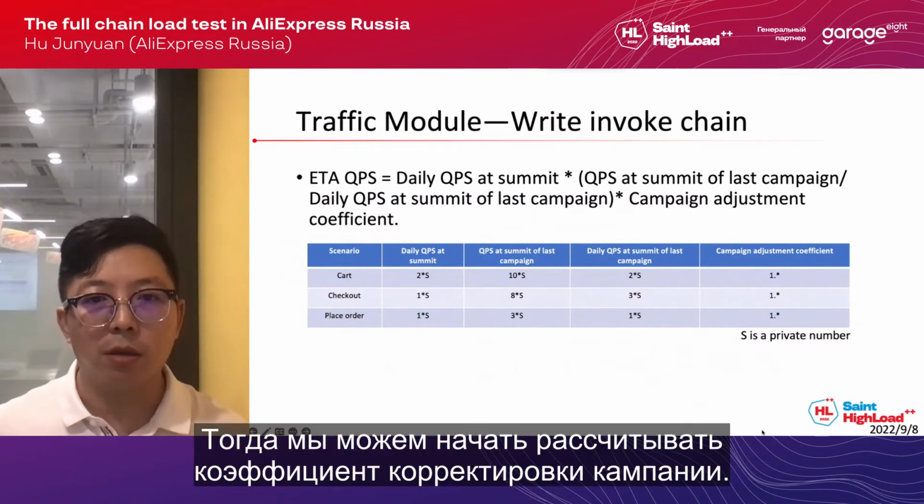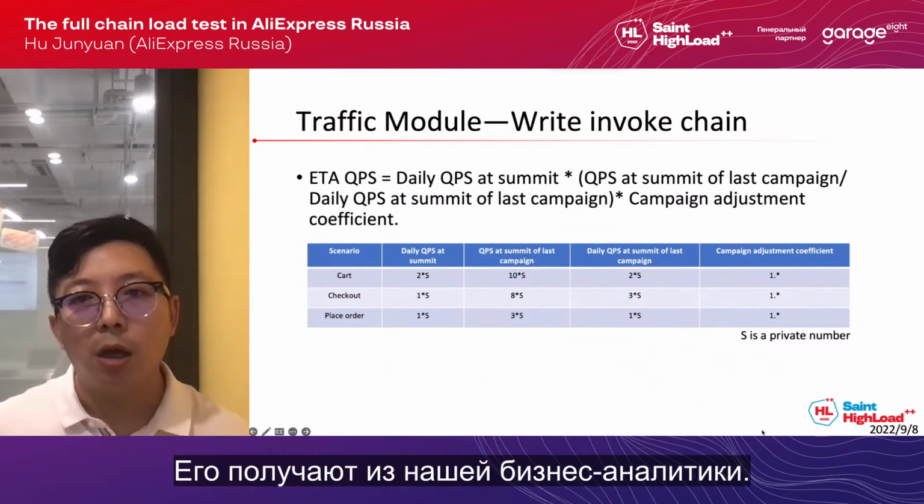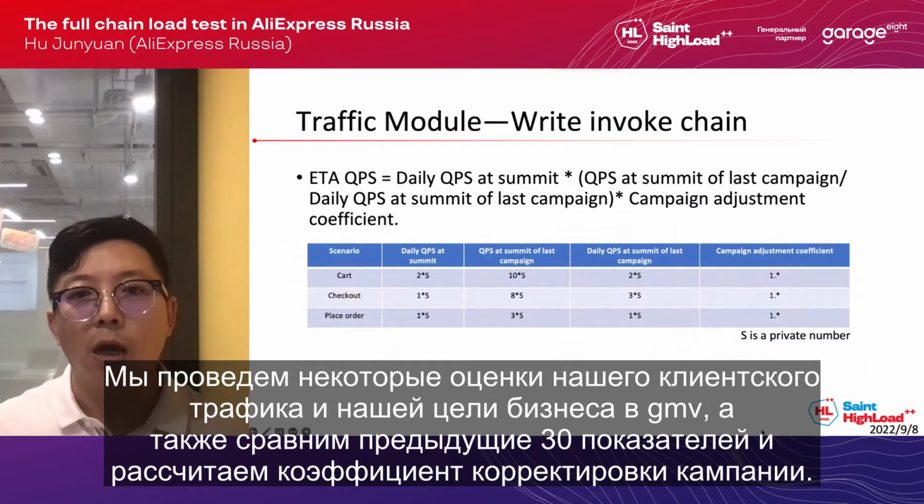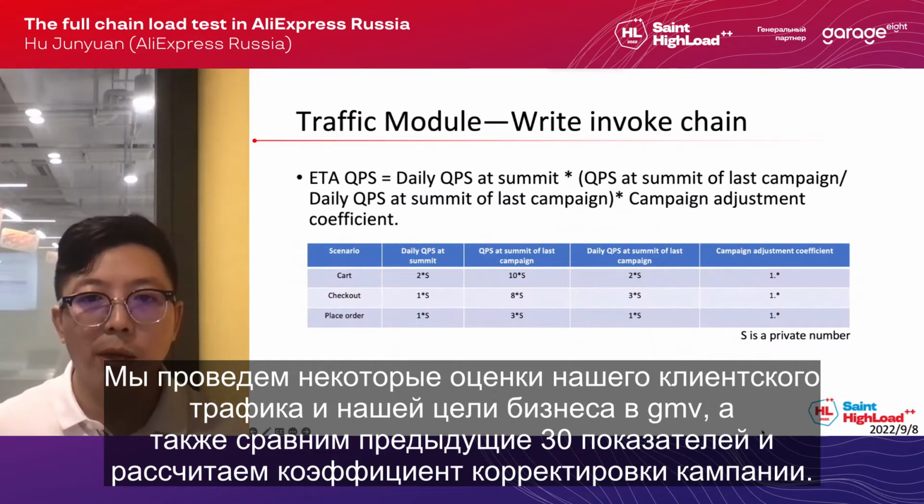Then we can start to calculate the campaign adjustment coefficient. This is obtained from our business intelligence. We make some estimations of our customer traffic and our business target in GMV, and also compare with the previous indicators. We calculate a campaign adjustment coefficient.